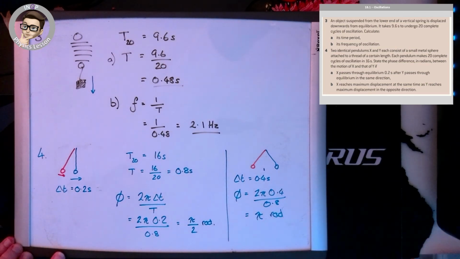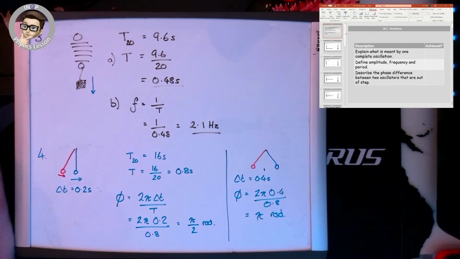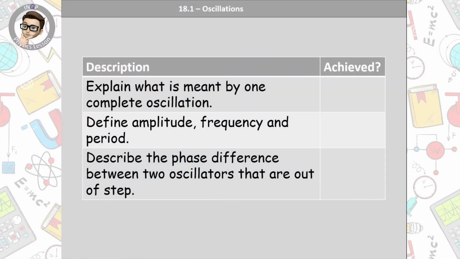So pi rad. Okay, so hopefully we've managed to cover everything that was in our definition that we needed to in this lesson. We'll just go quickly back to it and make sure we've covered everything. So explain what is meant by one complete oscillation, define the amplitude, frequency and period, and describe the phase difference between two oscillators that are out of step.